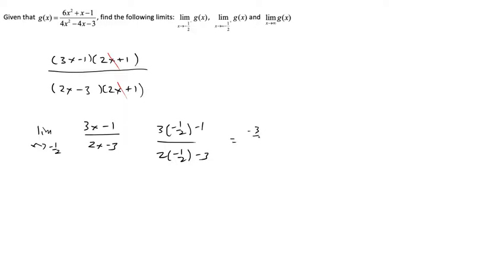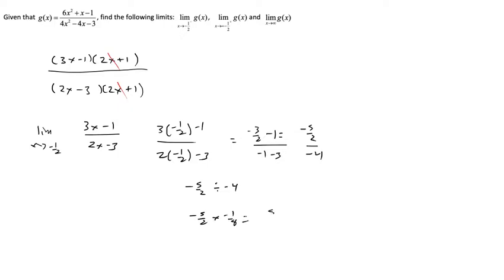So we get negative 3/2 minus 1, which is negative 5 over 2. And on the denominator, we get negative 1 minus 3, which is negative 4. So we get negative 5 over 2 divided by negative 4, but we never divide by fractions; we always multiply by the reciprocal.